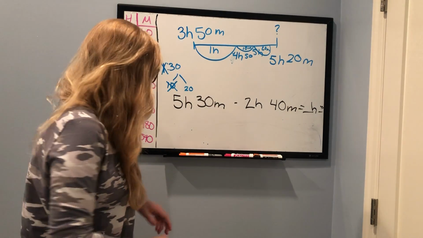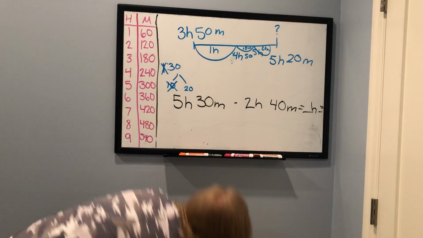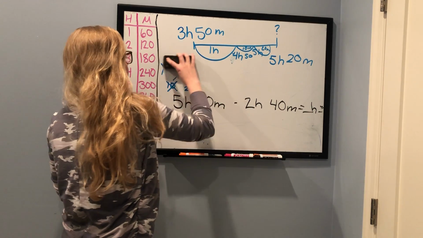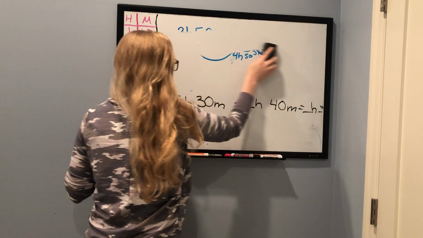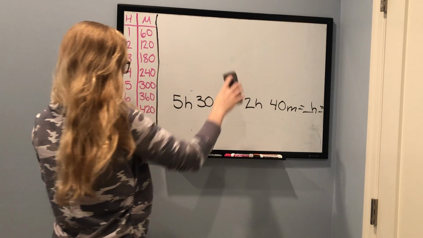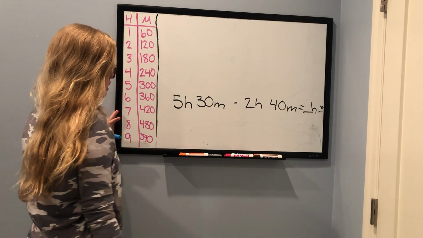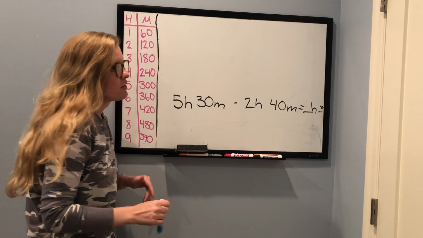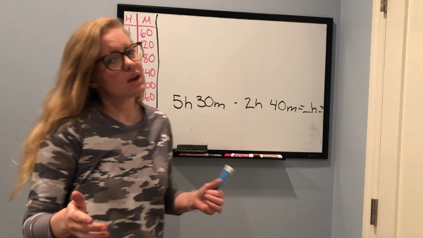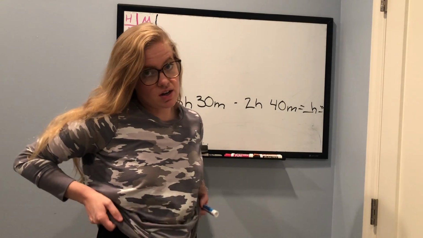Now this one is going to be our trickiest one so far today. So we have 5 hours, 30 minutes, minus 2 hours, 40 minutes. The reason this one gets tricky is that you can't really do the hours and minutes strategy here.